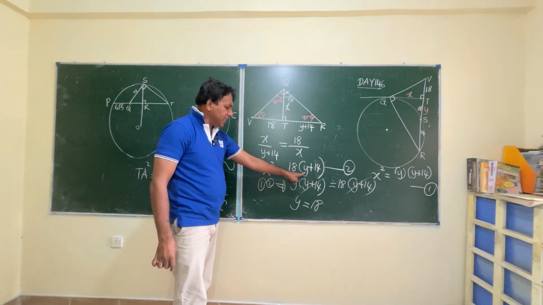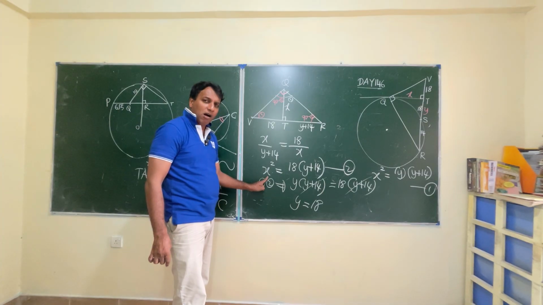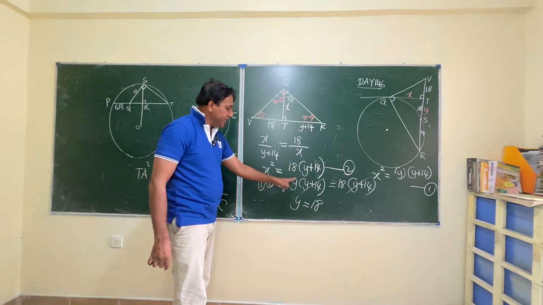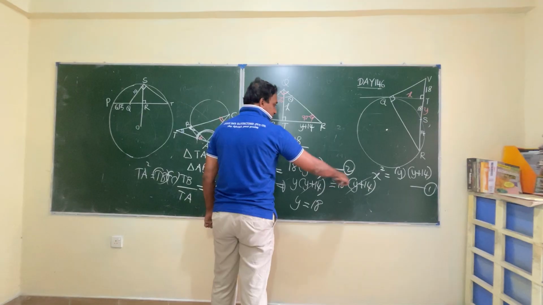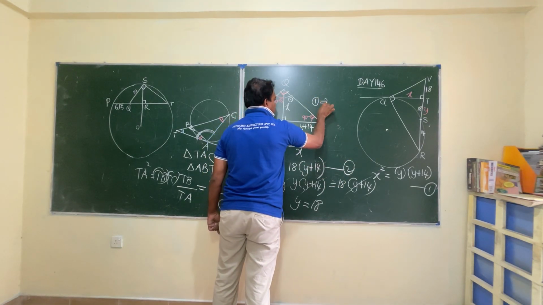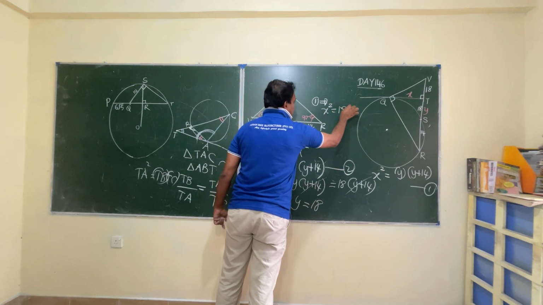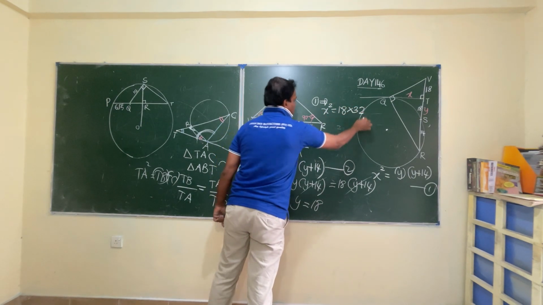Y is 18. What is x square? Y is 18, so from the first equation, x square is 18 into 32.